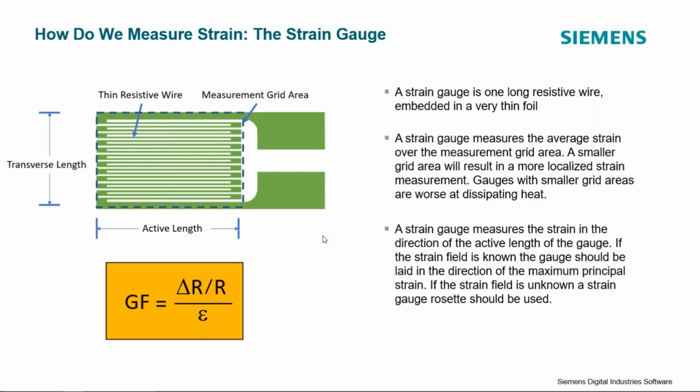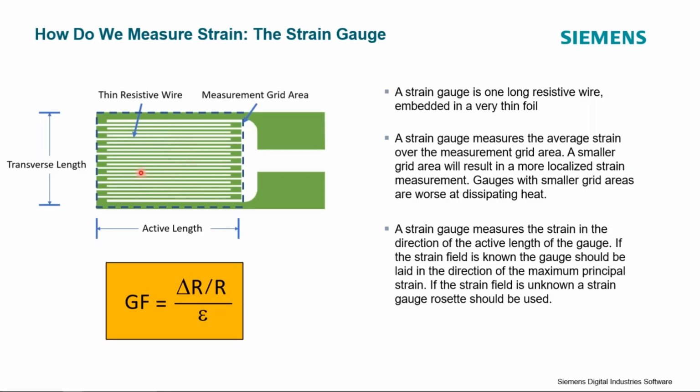Now, there are a couple of important items to note with strain gauges. One is that when we put a strain gauge at a location on our device under test, we are measuring the average strain over this measurement grid area.